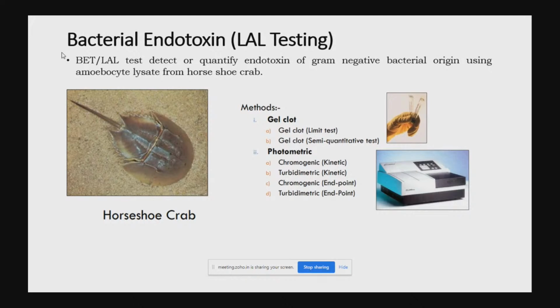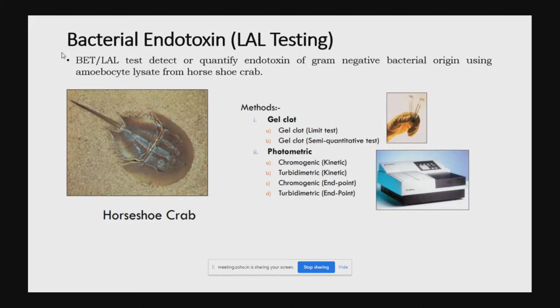The kinetic method uses a 21 CFR compliant instrument, and based on Beer-Lambert's law, it uses spectrophotometric analysis and quantifies the results. So that is the advantage of the photometric test.